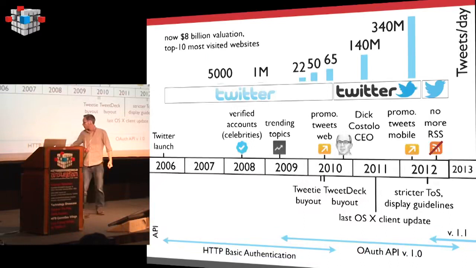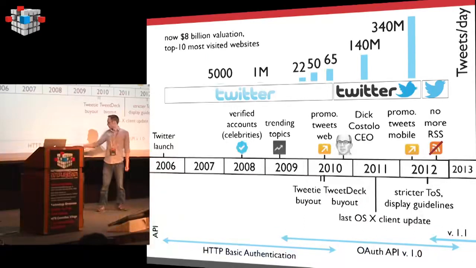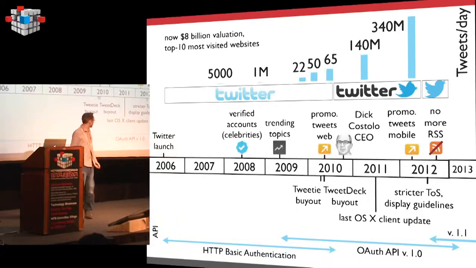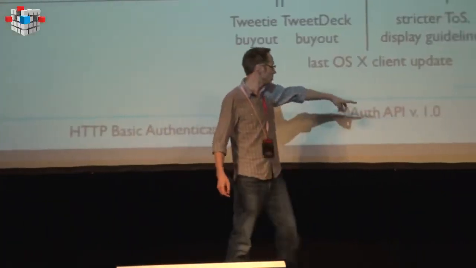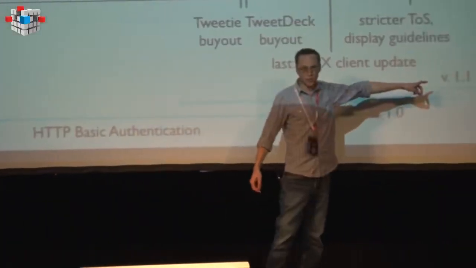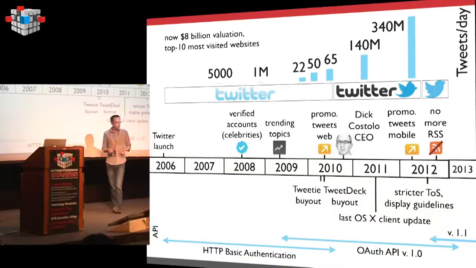Back in the days, you could access and post tweets with basic authentication, and then Twitter introduced the OAuth API. And since last month, you have to use OAuth API version 1.1, which requires every request to be signed.